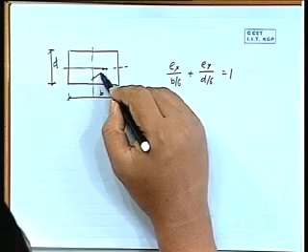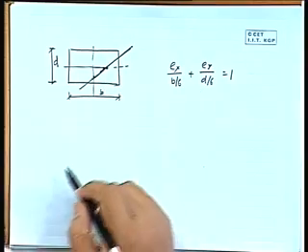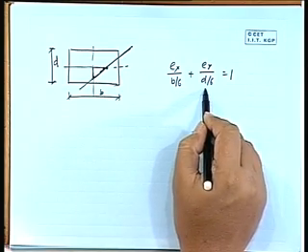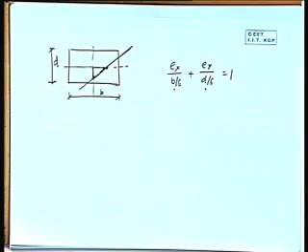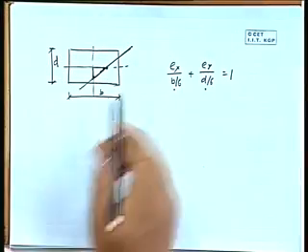So we can draw one line. This value is d by 6 and this value is b by 6, that will be equal to 1. Or we can say Ey is equal to 0.